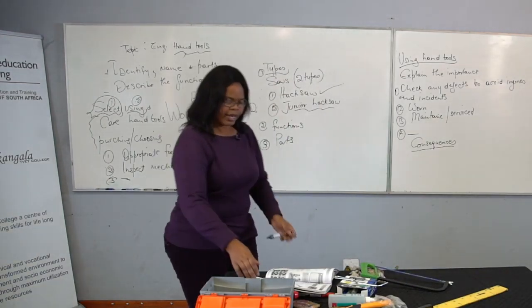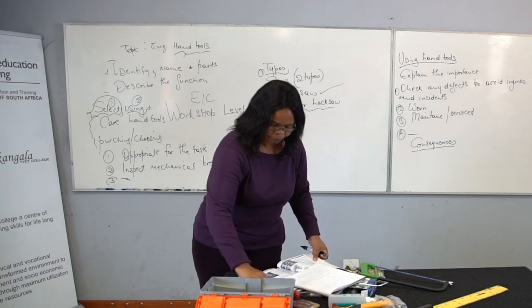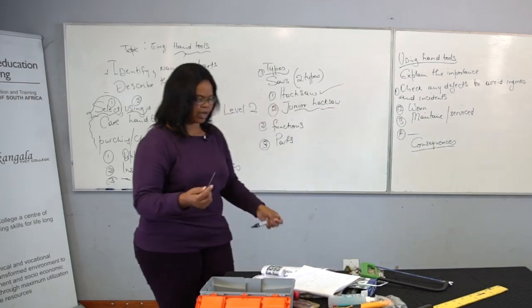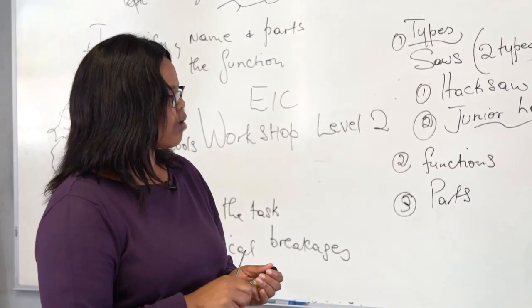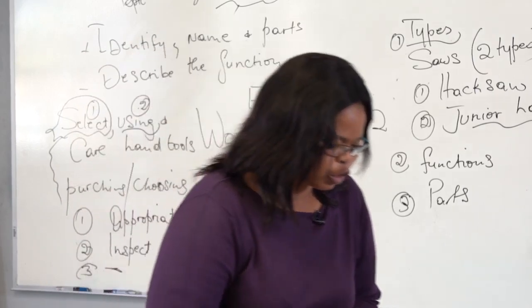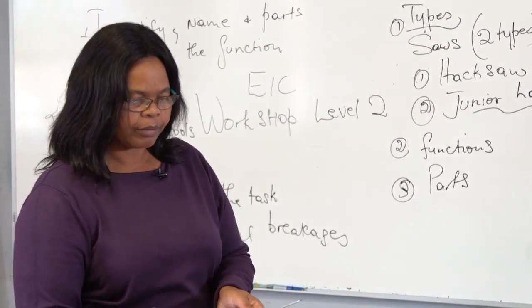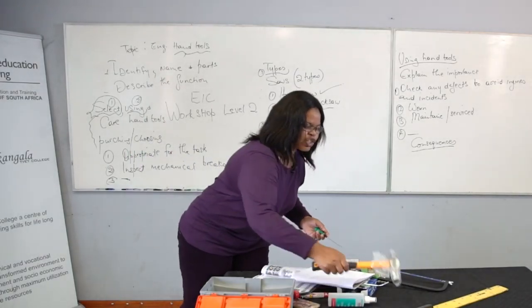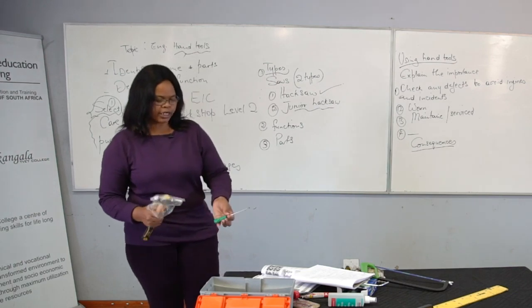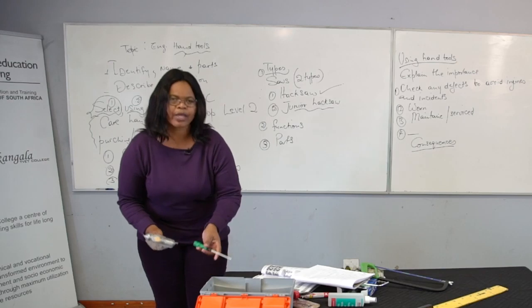Again, let me take an example of a screwdriver. This is a flat screwdriver, and we know the function of a screwdriver, that is to tighten and to loosen the screws. Now you are taking the screwdriver and you are using it as a chisel. A chisel is to do what? To chip.